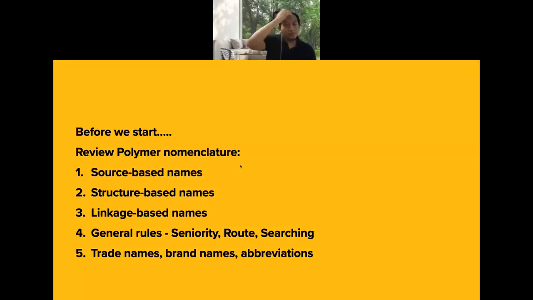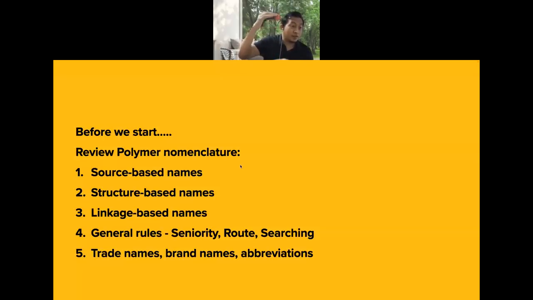Before we start next week, I think this is one way to review the nomenclature: how to name the polymer, how to name chemicals basically. For the structure, usually you have an order, right?